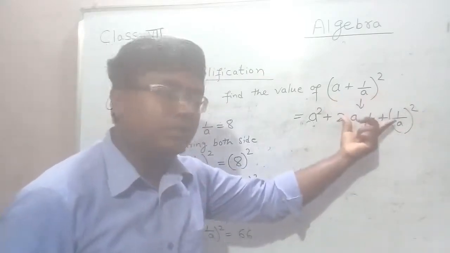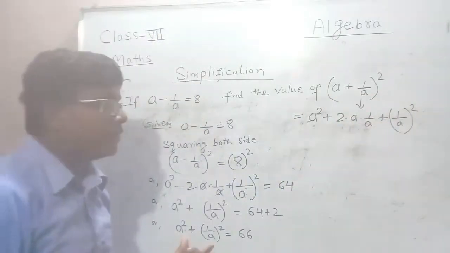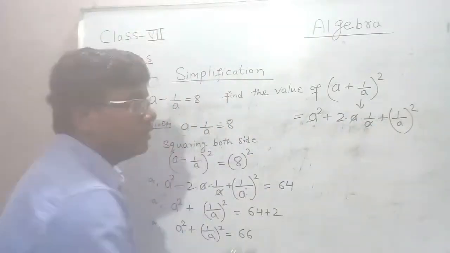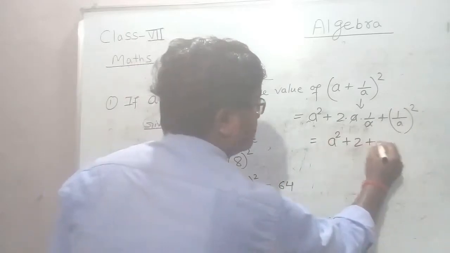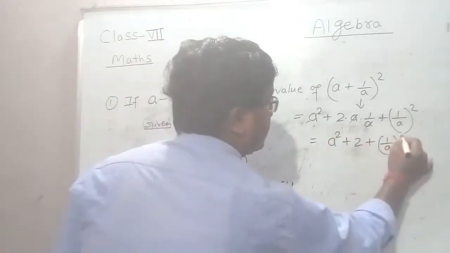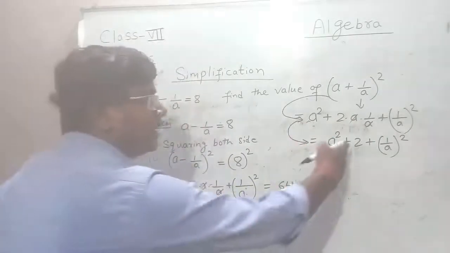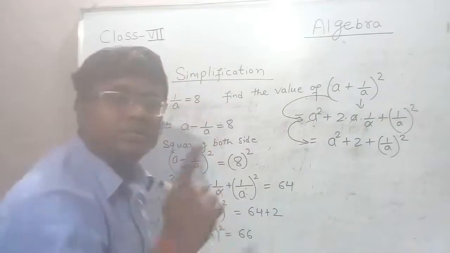So we will just arrange this formula. Actually this a and a cancel, means here plus 2 is here. In the middle, we can understand a square plus 2 plus (1 upon a) whole square. This is equivalent to this and this is equivalent to this. So here there must be plus 2, because we need to find the value of (a plus 1 upon a) whole square.